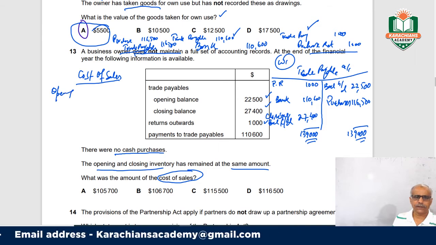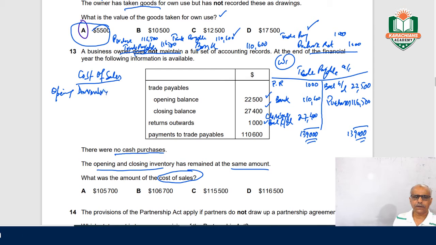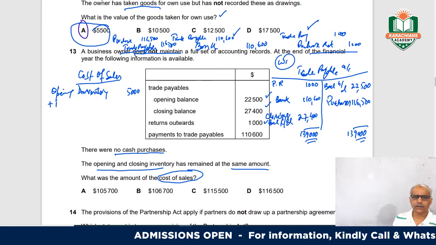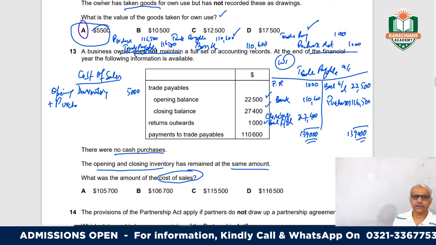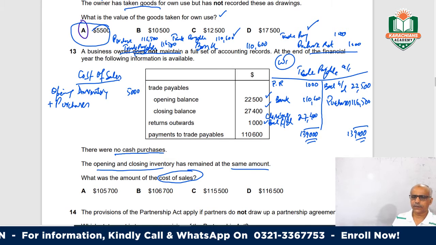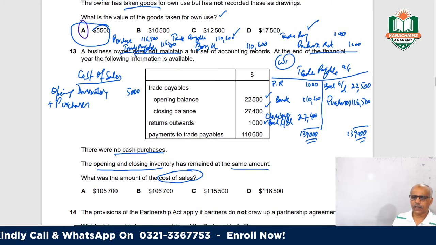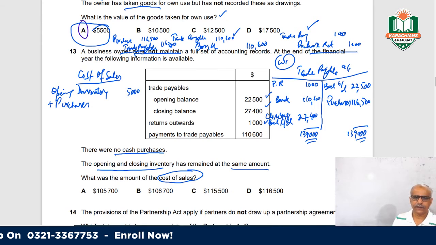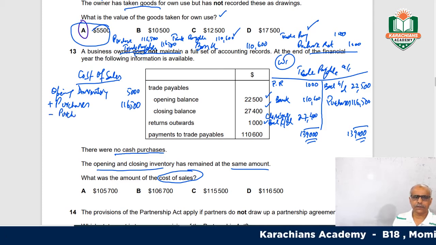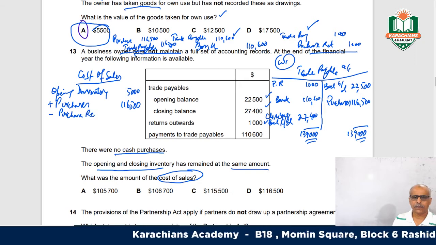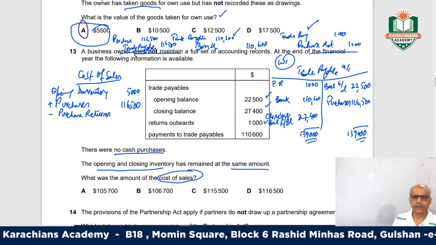Opening inventory is the same. If I say opening inventory is 5,000, this is just assuming, then you will add purchases. How much are purchases? Your purchases are 116,500, and then you deduct purchase returns.